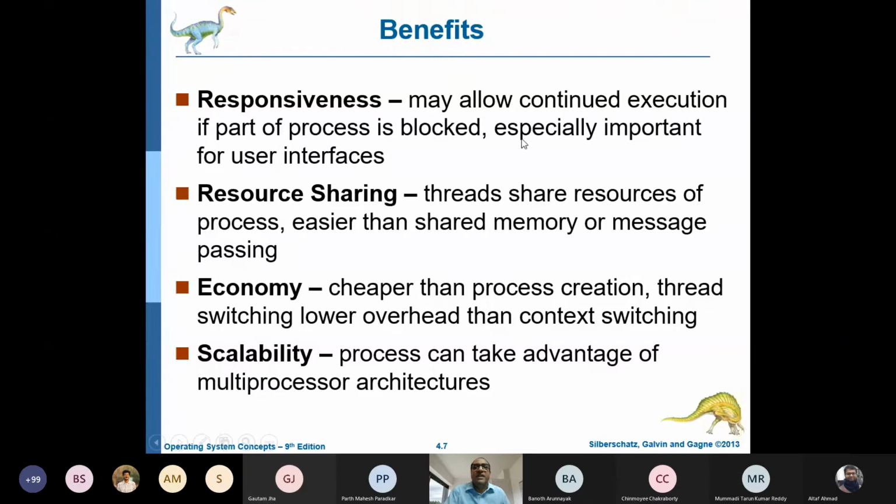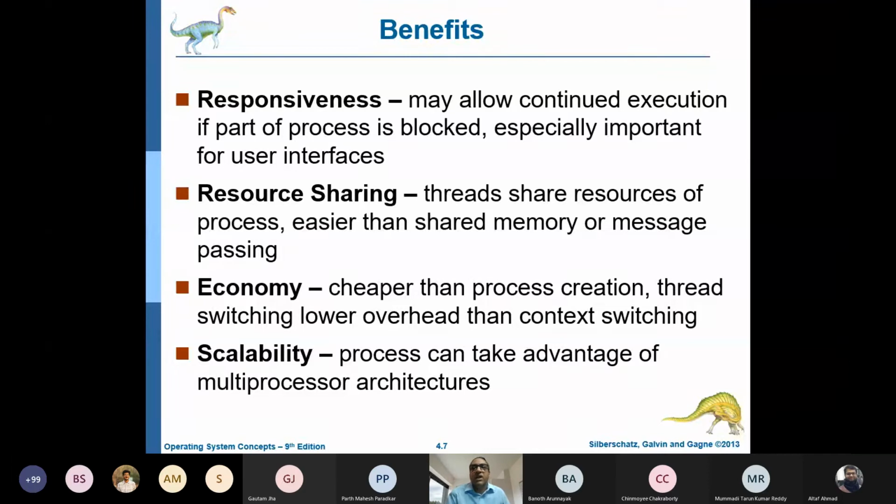Whereas if it is a multi-threaded process and one of the threads is blocked because of IO or whatever, the CPU can be allocated to some other thread. So you can switch among threads within the process, so that execution is not blocked by a specific IO.